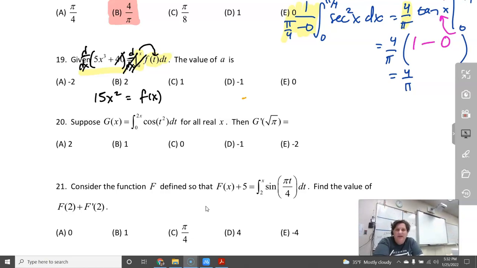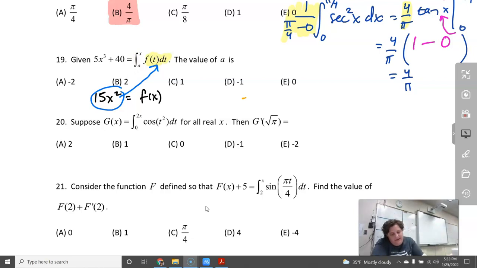Now, remember that f of x, f of t, whatever, these are all kind of dummy variables. Now that I have that f of x is this, I'm going to go ahead and put it back in here. So this is going to seem a little bit weird, but I figured this out.